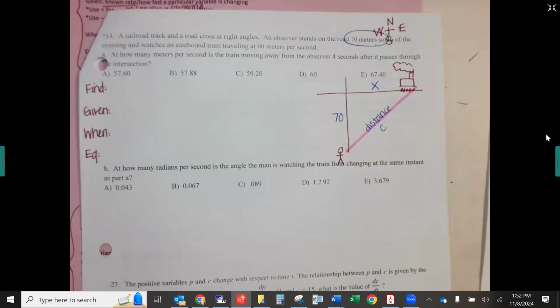I fixed all this x since usually if it's up and down, I do y. So this x is how far the train goes, right? And it says right here how fast it goes. It says the train is... so, well, hold on.